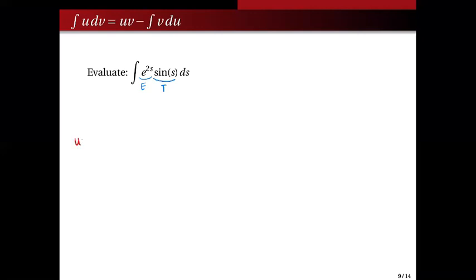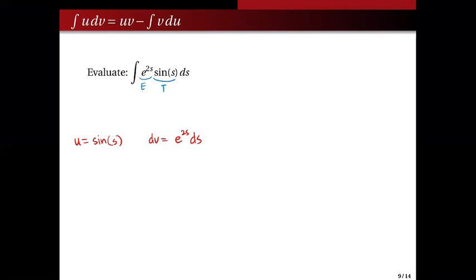So our u here is equal to sine s, and dv here is equal to e to the 2s. Oops, I forgot the ds. Don't forget the differential, the ds.